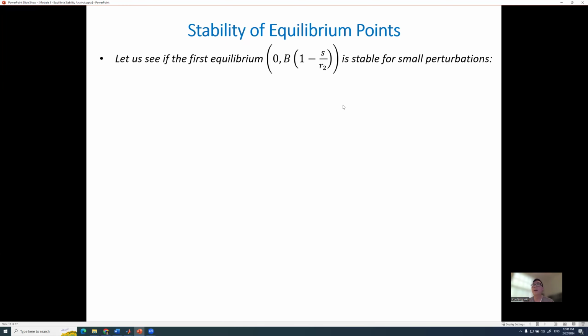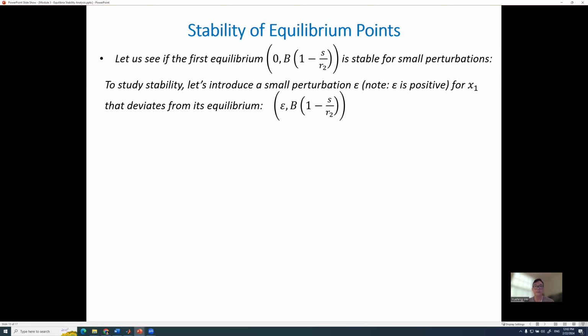So now we're going to examine whether this equilibrium is a stable condition. To examine whether it's stable, we are going to provide a small perturbation, for example a small amount of healthy cells in the system, to see whether they would do anything at all. So we are going to provide a small perturbation we call epsilon.